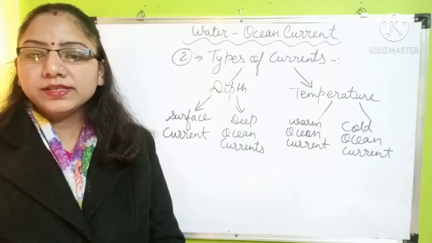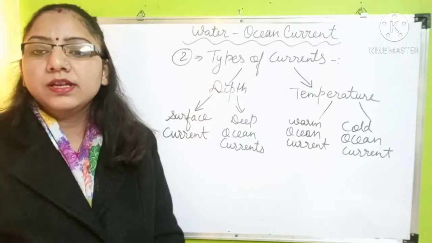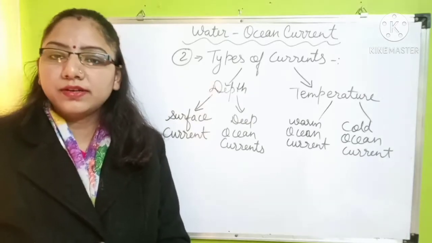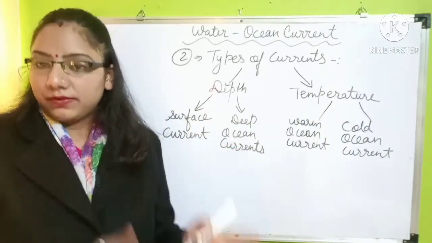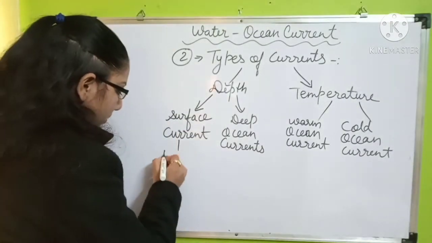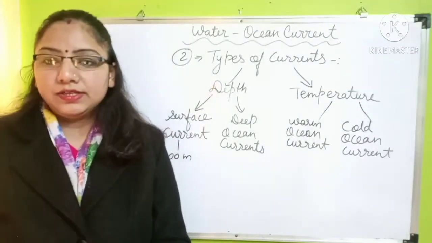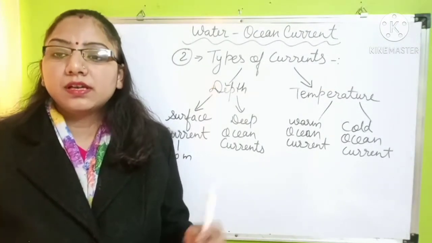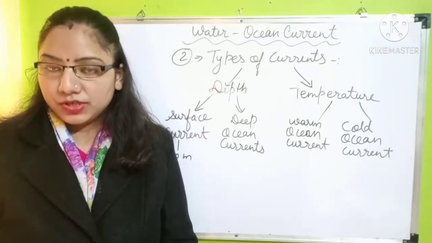Students, if we talk about the surface current, the surface current, also known as the surface circulation, is from the surface to 400 meters of the sea level, and it makes about 10% of the oceanic currents.